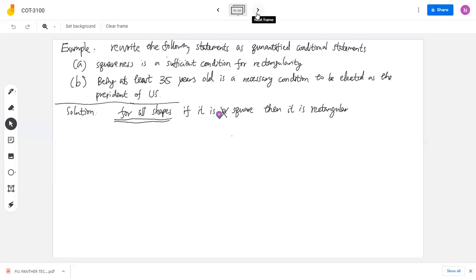Or you can say, if it is square, then it is rectangular. Anyway, this is part A.